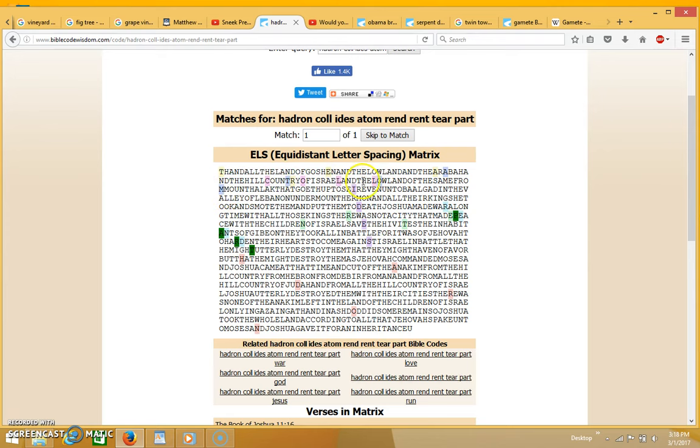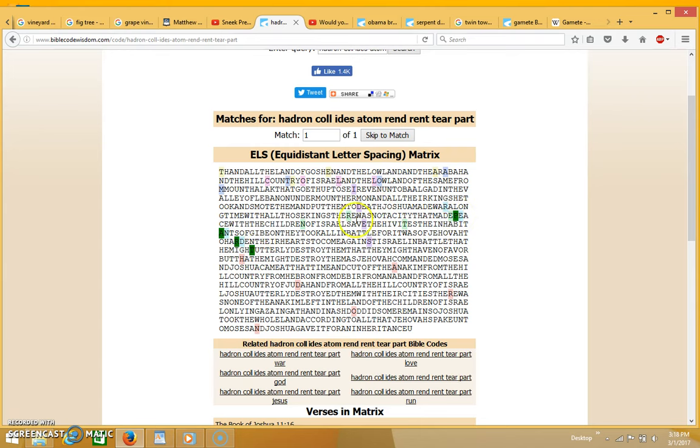In the pink, you have the first part of the word collides, and then you have the second part over here in the purple. In the blue, you have the word rend. In the green, you have the word part.